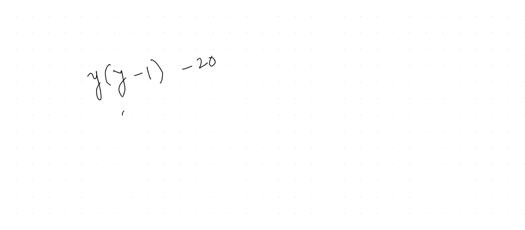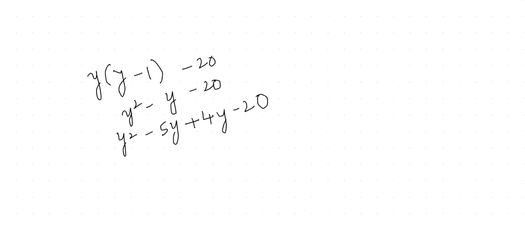So y square minus y minus 20. I'm decomposing it as minus 5y plus 4y minus 20. It's just that I've split that middle term, as you can see here. And now it's again grouping. Okay.